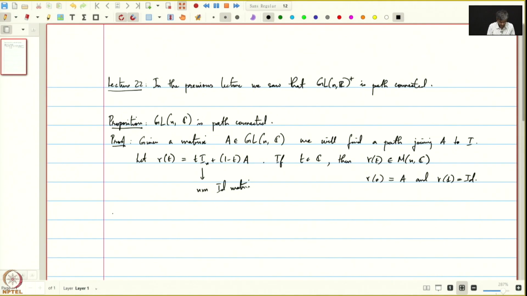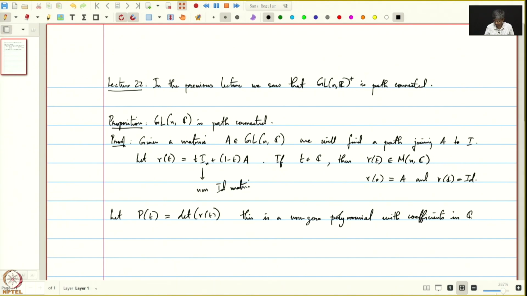So, let P(t) be equal to the determinant of gamma(t). Okay. So, then this is a non-zero polynomial with coefficients in complex numbers, right.